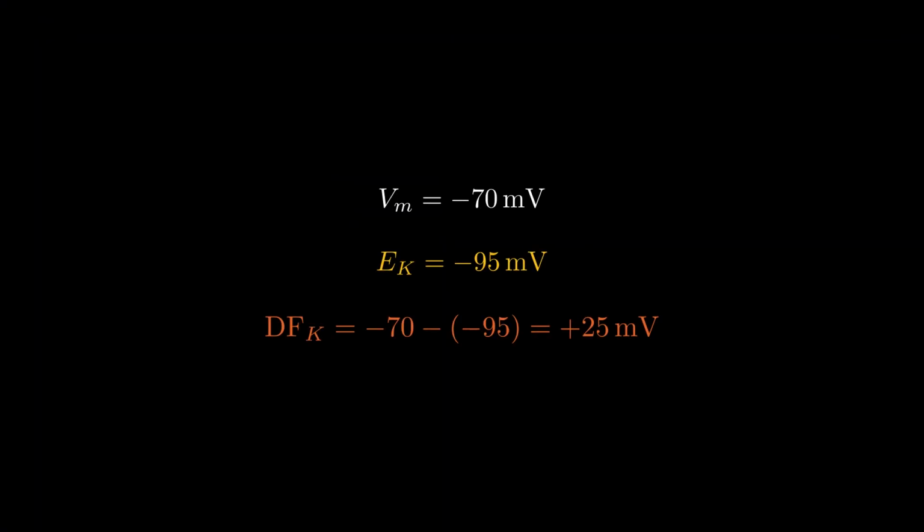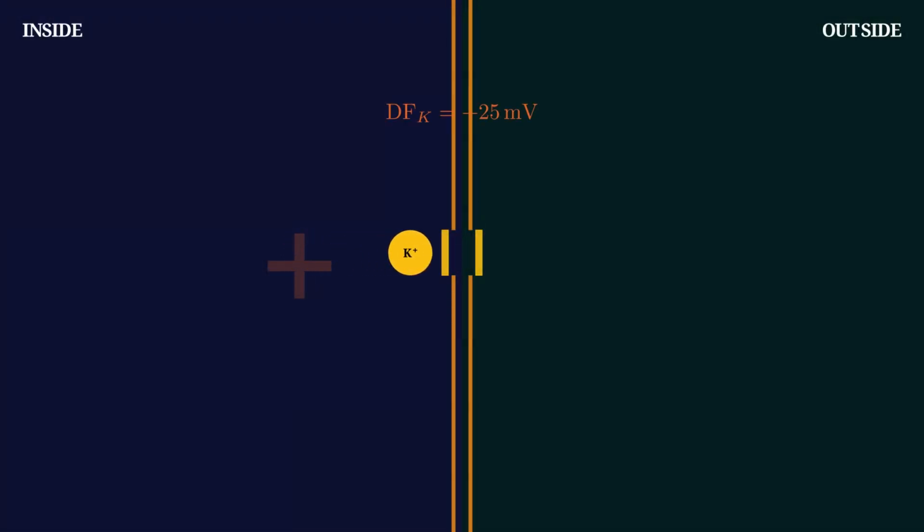Let's put numbers to it. The membrane potential is minus 70 millivolts, and the potassium equilibrium is minus 95. So the driving force is around 25 millivolts. So the driving force is positive, and potassium is a positive ion, so they repel. So potassium is pushed out of the cell.